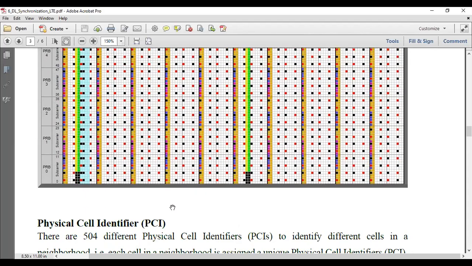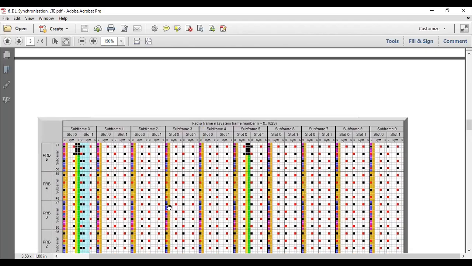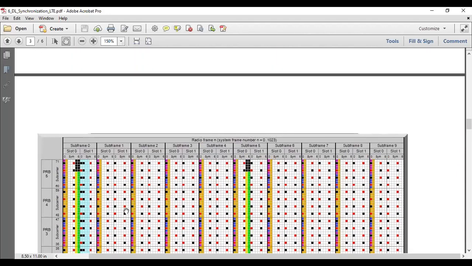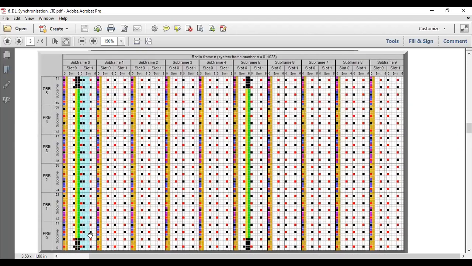So what the phone does is start doing correlation. Now this PSS is a PN sequence, but this PN sequence is generated in the frequency domain. In the case of CDMA, it was a time domain generation of PN sequence, so in a whole time period you complete the whole detection.